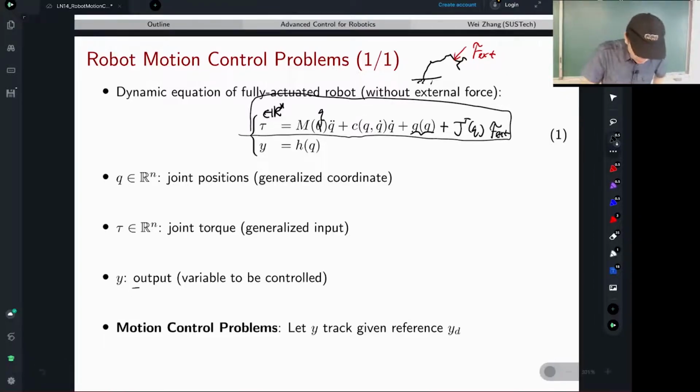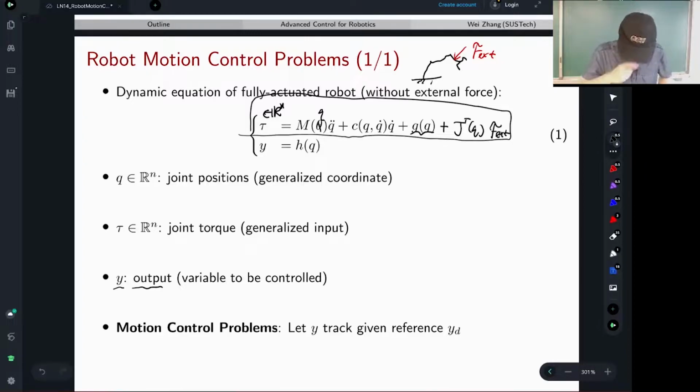And suppose we care about some output variable that depends on the robot configuration or joint variable. It can be the end effector frame, the entire pose, or just a joint, or an arbitrary function of the joint variable. This is something we need to control.